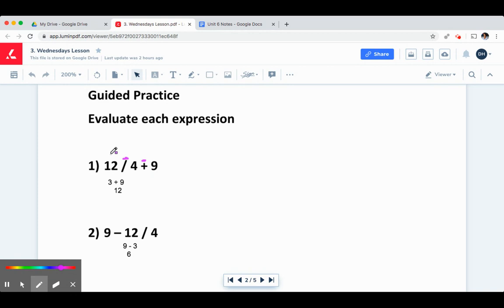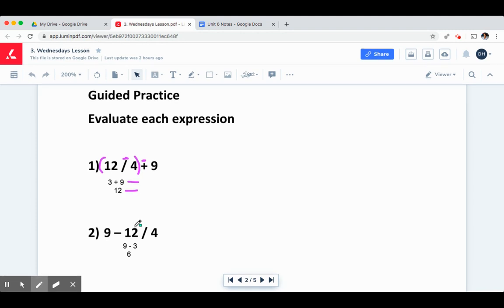Division is more powerful, so I am going to make sure that I do the division first. 12 divided by 4 is 3, so my next line will be 3 plus 9. And then I finish solving by adding 3 and 9 to get a final answer of 12. Notice that I am putting reminders for myself of what the operations are and what I'm going to do first, and this helps me to not make any silly mistakes.